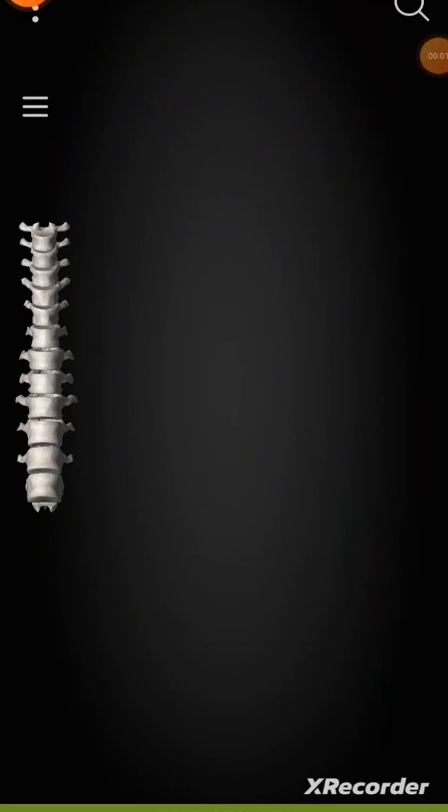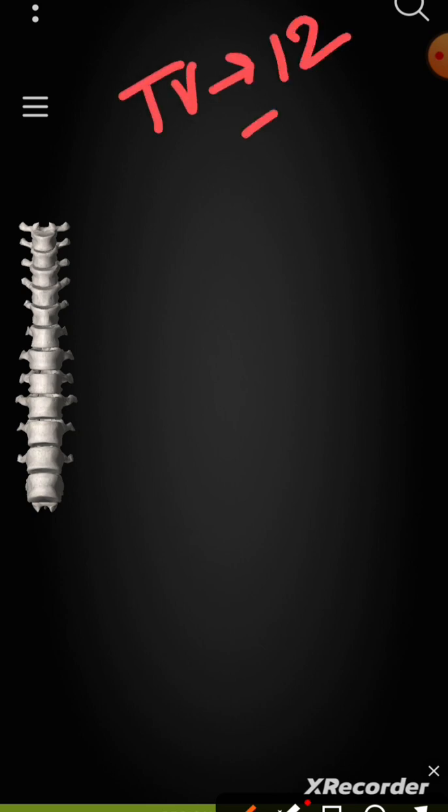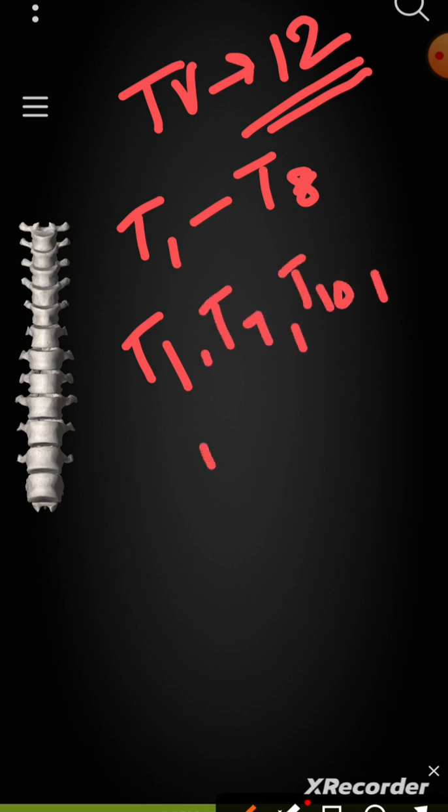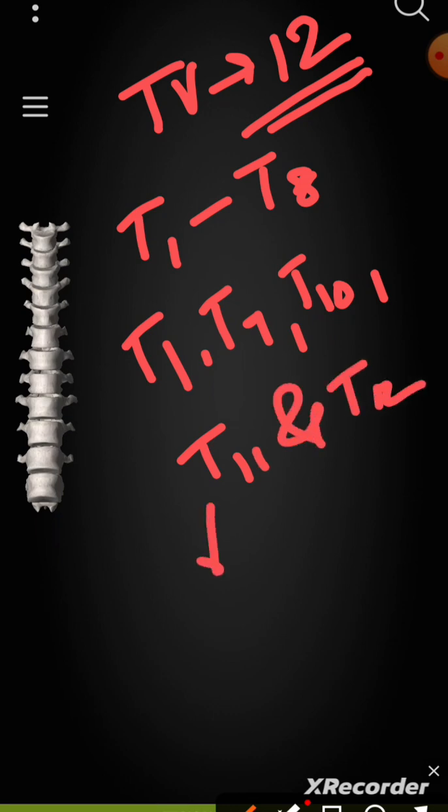Okay, today we would start the topic of thoracic vertebrae. As you know, there are 12 thoracic vertebrae. Thoracic vertebrae T1 to T8 have a common structure, and T1, T9, T10, T11, and T12 have some different structures which are not present in the common ones from T1 to T8.